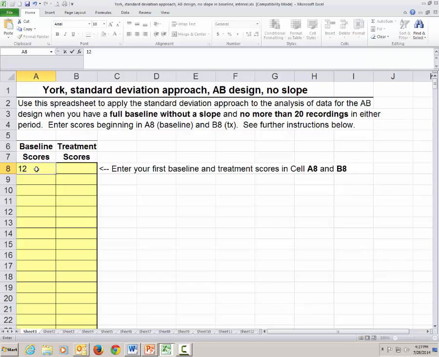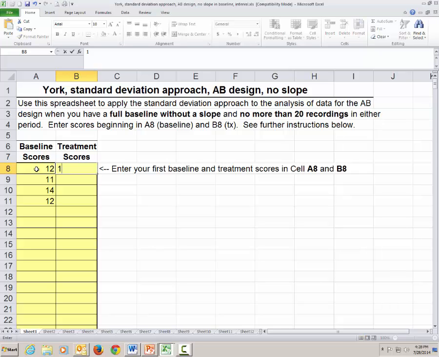The first baseline number of absences was 12. The next was 11, then it went to 14, and then was 12. Again, those are your 4 baseline scores.